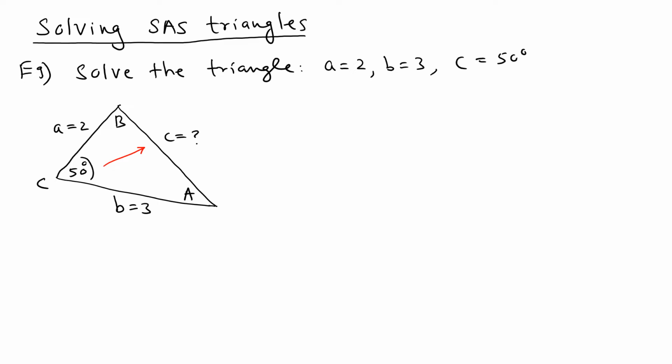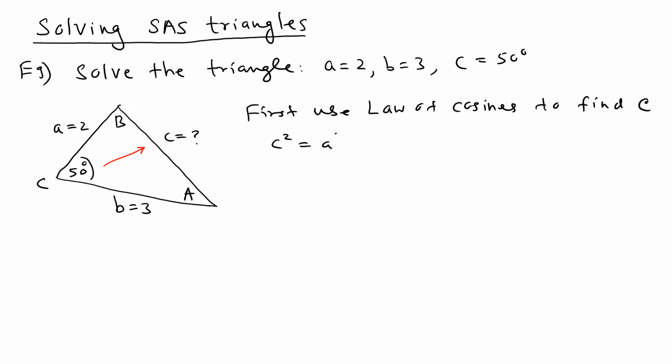So first I use the law of cosines to find c, the length c. That means we have c squared equals a squared plus b squared minus 2ab cosine of the angle C.